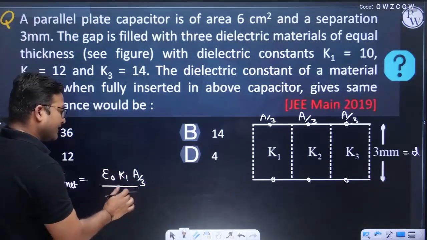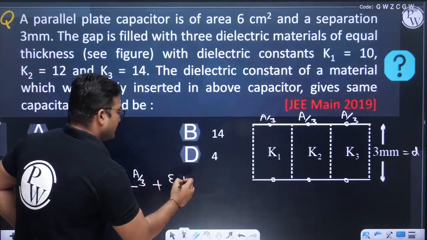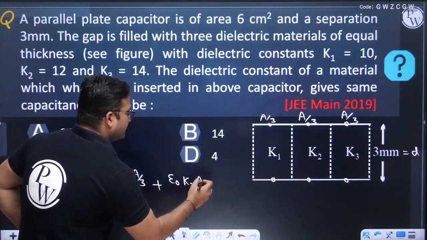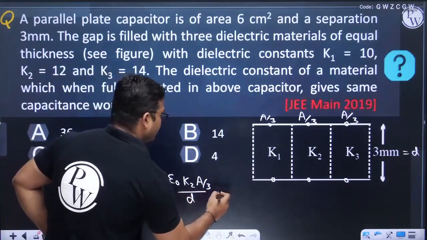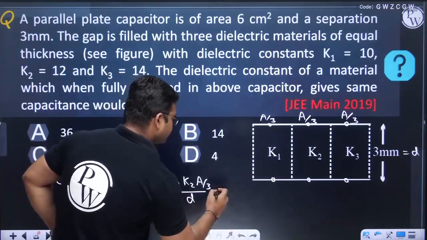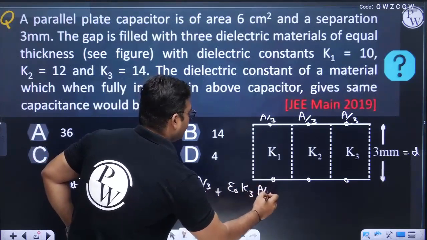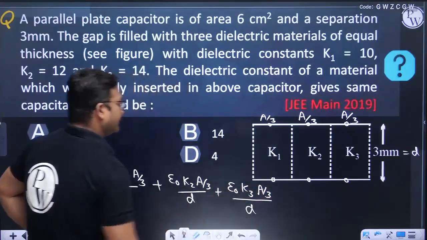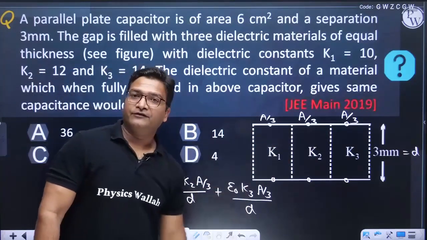Right, this is the first capacitance, plus epsilon naught K2 A by 3 divided by d, the second capacitance, plus epsilon naught K3 A by 3 divided by d. This is the third capacitance. This is the net capacitance of this combination.